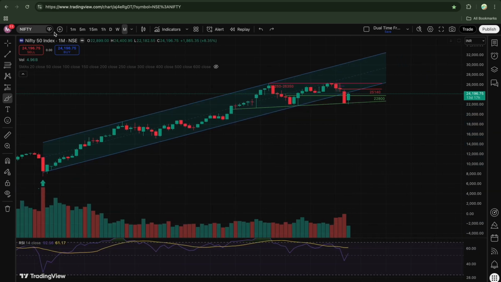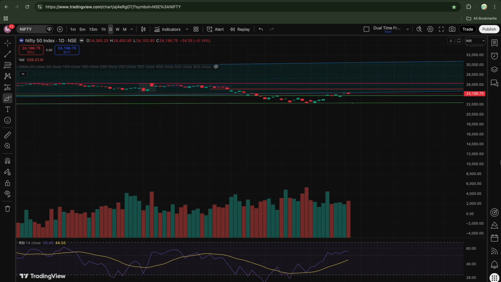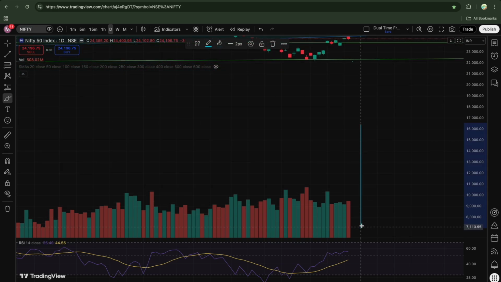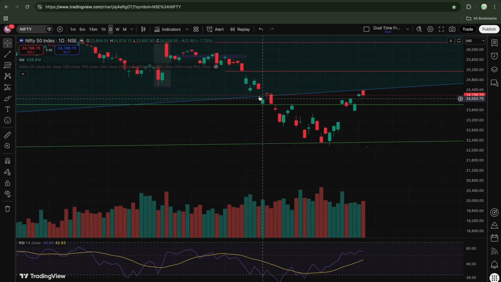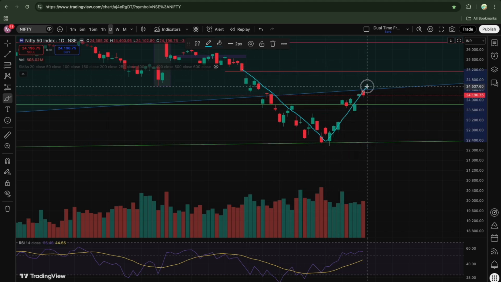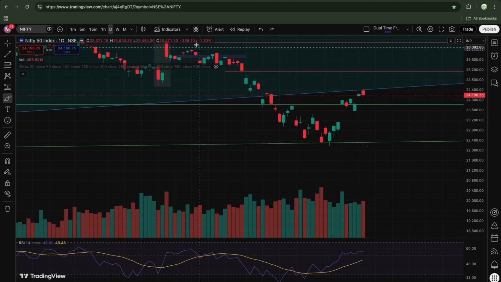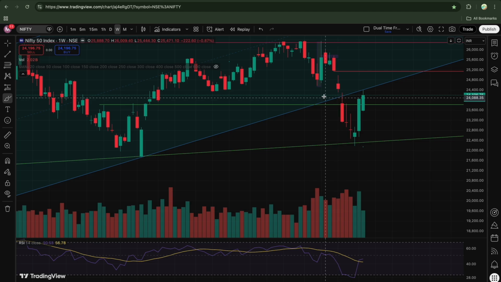Now if you see here, we had a very V-shaped recovery from the bottom of the chart, after falling down sharply. Now it is at the lower end of this particular channel from which it broke down.